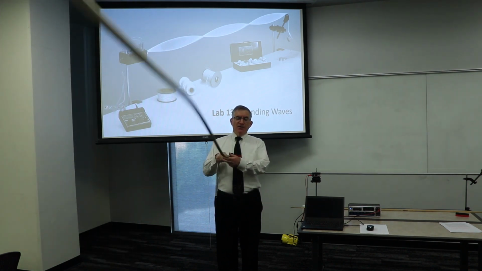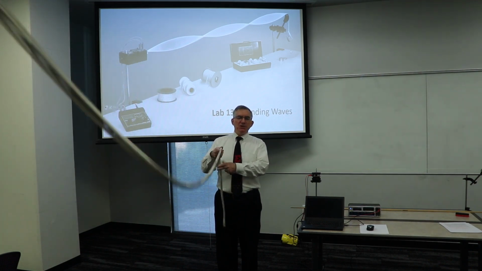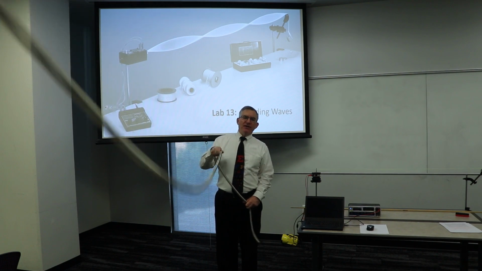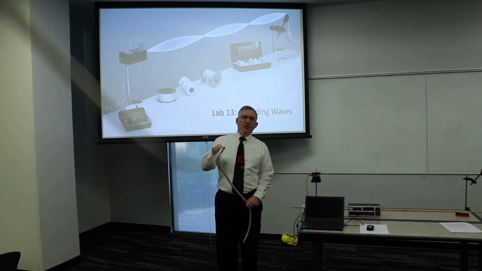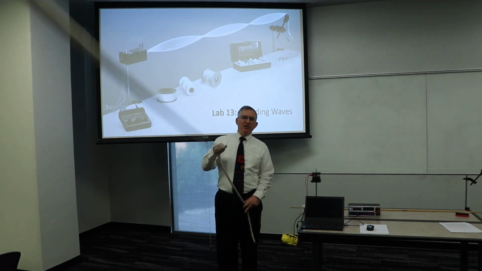So what I can do here is I can change the tension in the spring so that now, to get the pulse, I don't have to apply as much force. And it's oscillating much faster now. You can see that the wave is going up and down much faster.